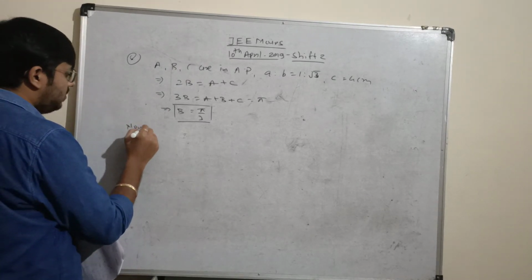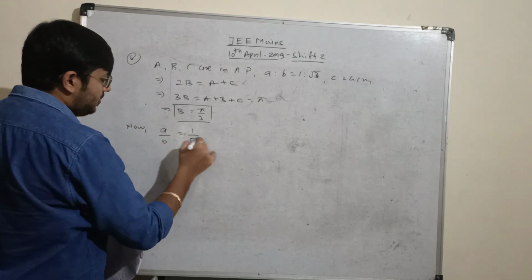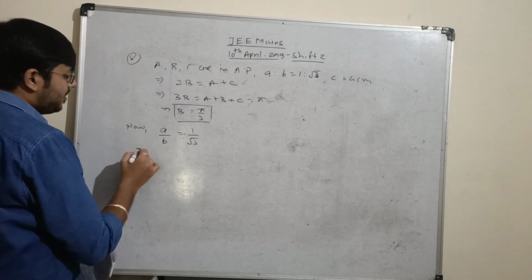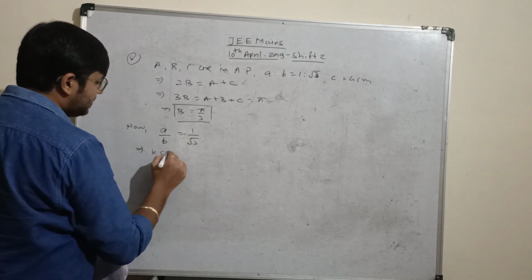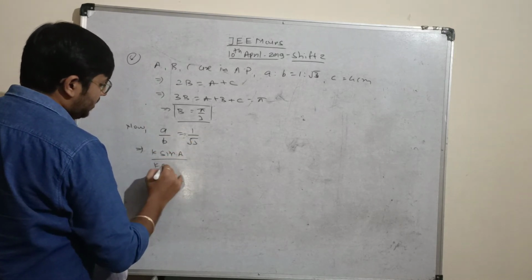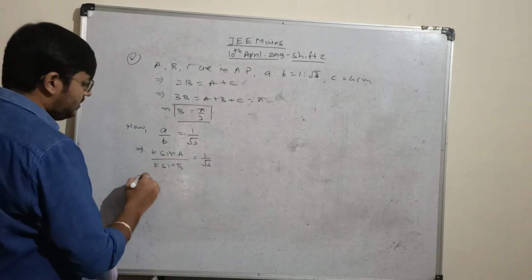Now we have a by b equals 1 by root 3. We have a property that a by sine A equals 2R, so it may be k sine A upon k sine B equals 1 by root 3.